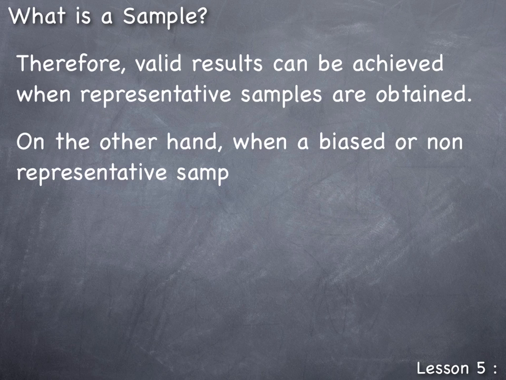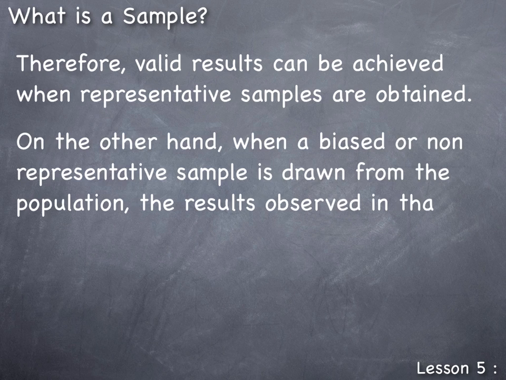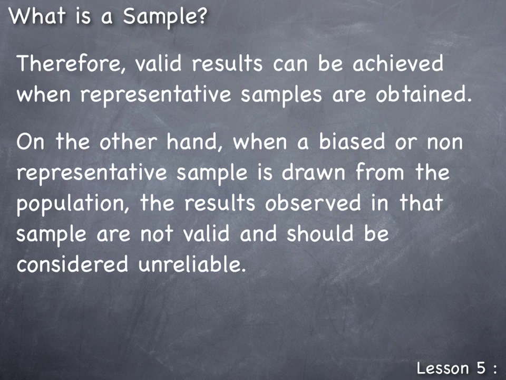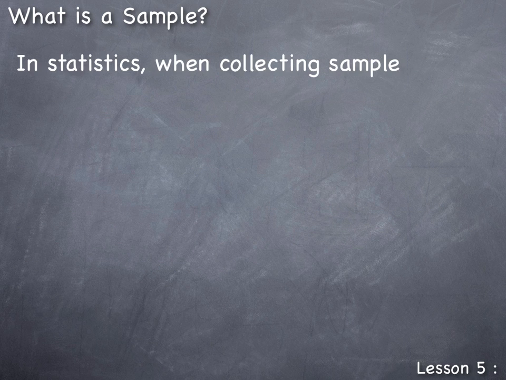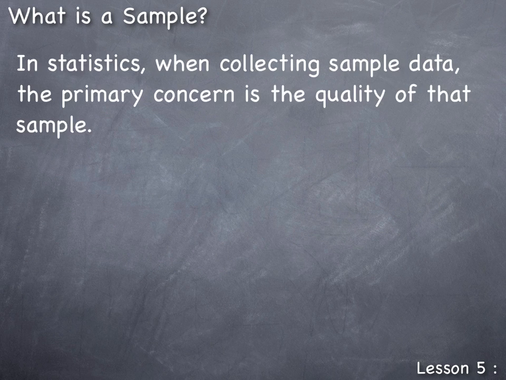On the other hand, when a biased or non-representative sample is drawn from the population, the results observed in that sample are not valid and should be considered unreliable. In statistics, when collecting sample data, the primary concern is the quality of that sample.